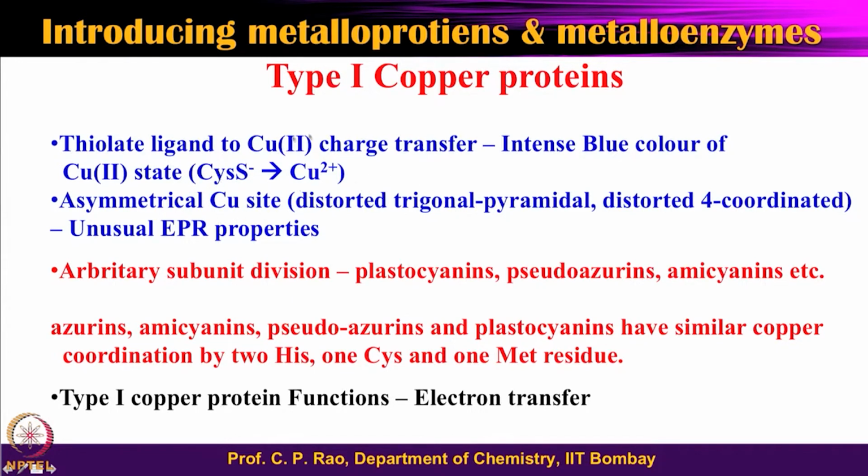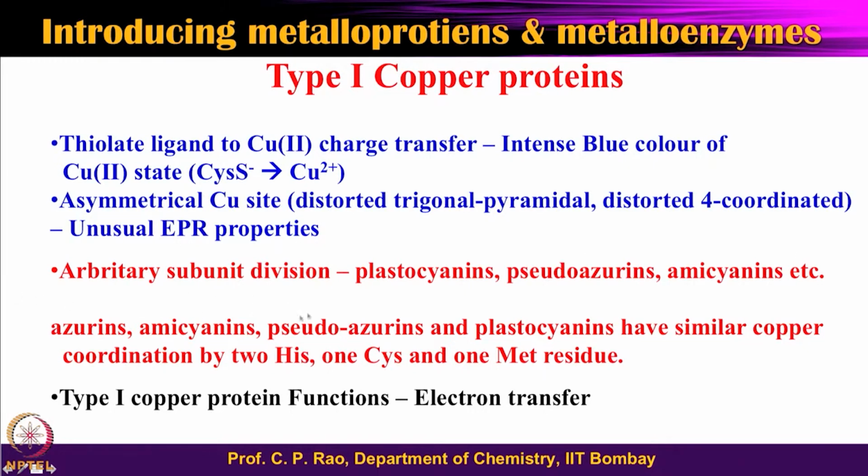In these proteins the copper site is distorted, either distorted tetrahedral, distorted 4-coordinate or distorted 5-coordinate trigonal bipyramidal, and depending upon these they show unusual EPR properties.